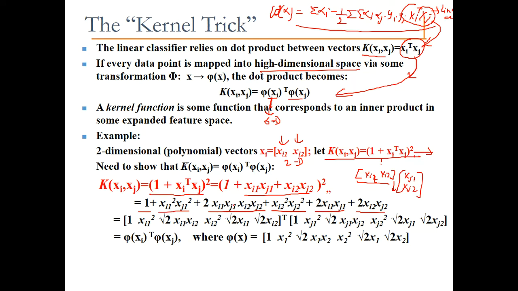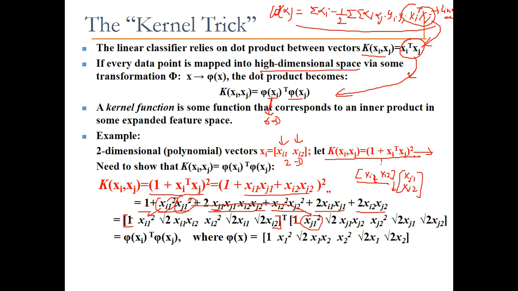Now these 6 components you split into 2 parts. Each component is split into two parts, like 1 into 1. So xi1 square, xj1 square: this component we shall keep here, and this component we shall keep in the other vector.